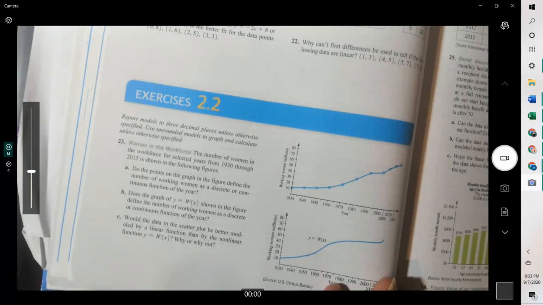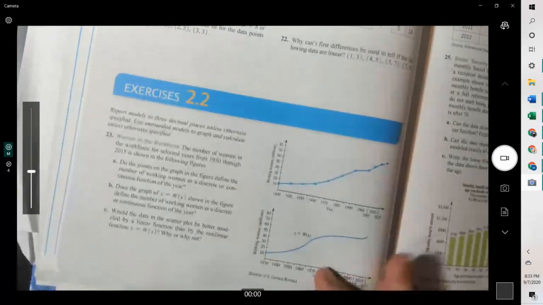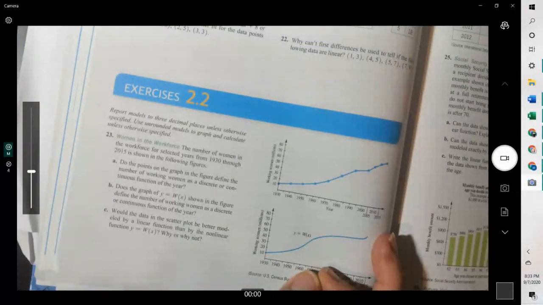The number of women in the workplace for selected years from 1930 through 2015 is shown in the following figures. Do the points on the graph and the figure define the number of working women in a discrete or continuous function? Now, discrete means it's countable: 1, 2, 3. Continuous is all the fractions and decimals in between.